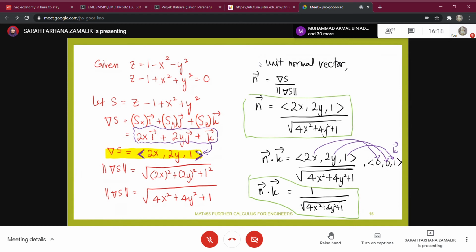Kenapa saya guna yang notation ni sekarang? Yes, sebab bila awak nak dot product, sebab kat sini ada banyak dot product, so make sure awak tulis. So same goes for vector K kat sini. Tadi saya bagi tahu you must dot with vector K, right? Unit normal N dot with vector K. So vector K nak tulis macam mana? Yes, in this notation macam ni lah notation dia. Awak tak boleh tulis satu je, sebab ini also a vector.